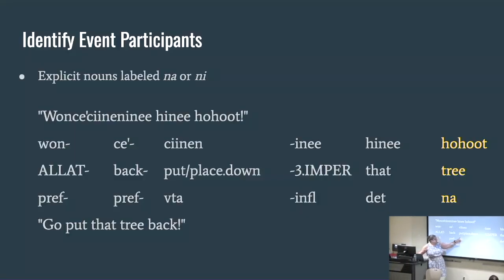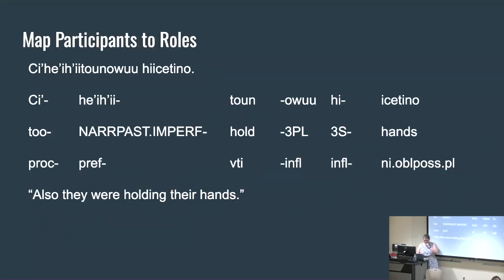If we have a VTA, we know that this verb should have an animate object. So we can take the guess that the noun marked as NA may be likely to be the object of that verb. So it's a lot of guessing that we use. We define some rules that we hope will be right much of the time, and then apply these to the data that we have.